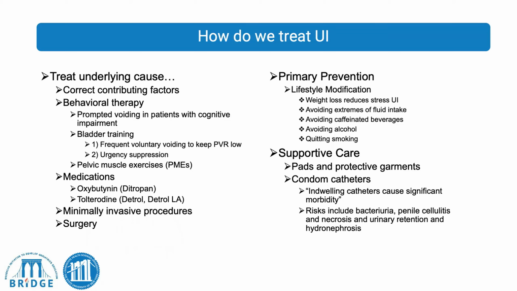In terms of primary prevention, lifestyle modification is indicated: weight loss to reduce the risk of stress urinary incontinence, avoiding excessive or extremes of fluid intake, avoiding caffeinated beverages, avoiding alcohol, and avoiding smoking. Supportive measures may include pads and protective garments, and there is a role for condom catheters, which are superior to indwelling catheters in that indwelling catheters may increase the risk of infection and other complications.